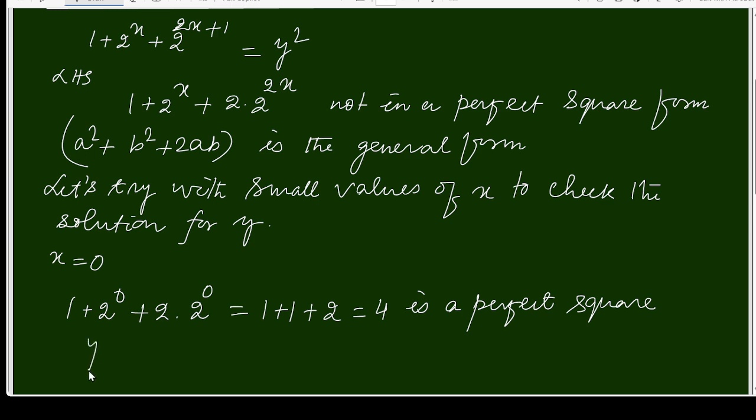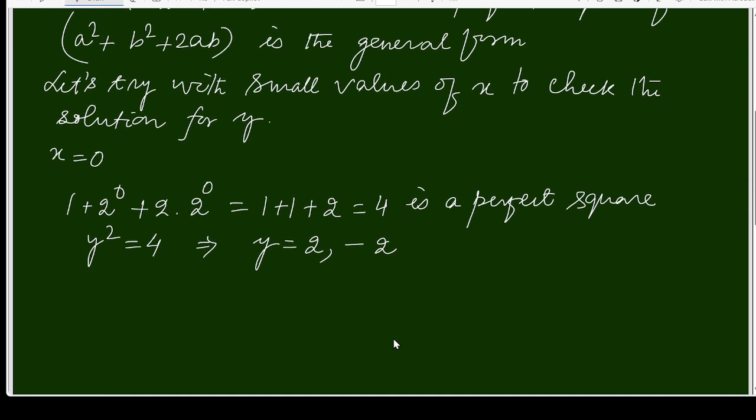So y square equals 4. When x is equal to 0, y square is equal to 4. This gives us y is equal to plus 2 or y is equal to negative 2. So we got the solutions: (0, 2) and (0, minus 2) when x is equal to 0.